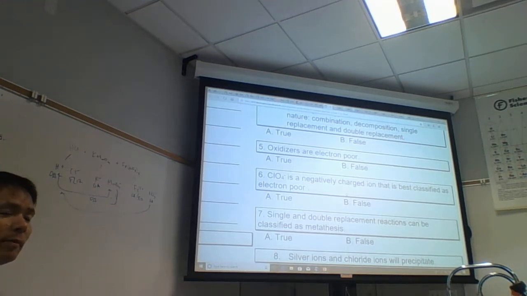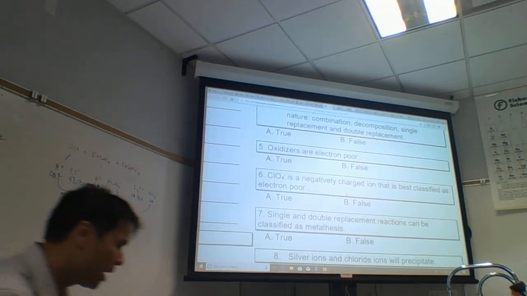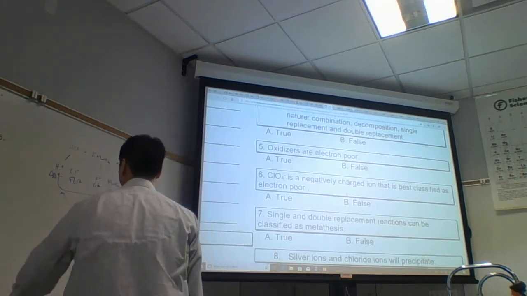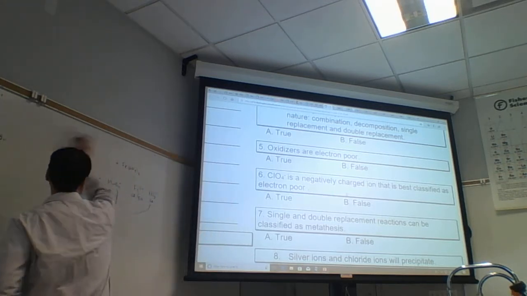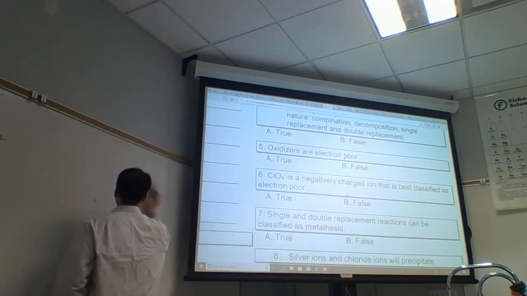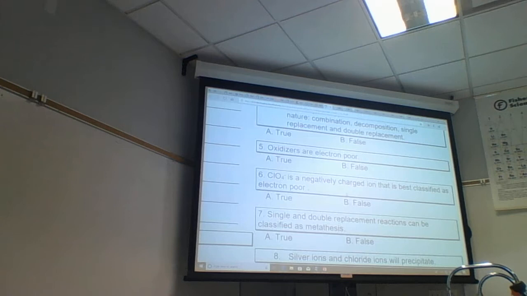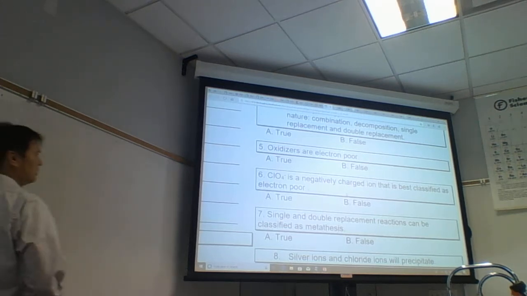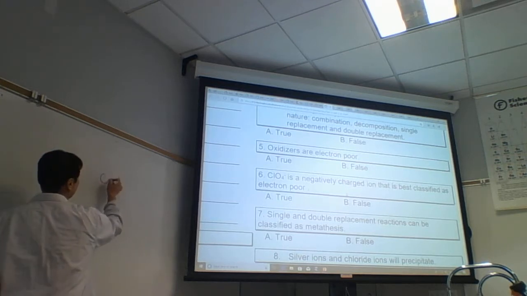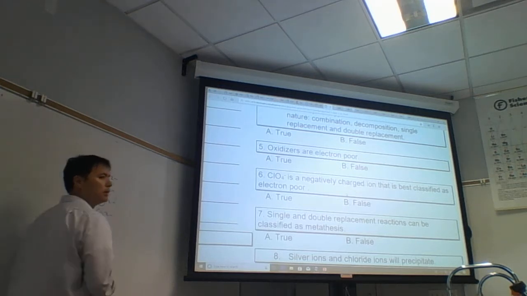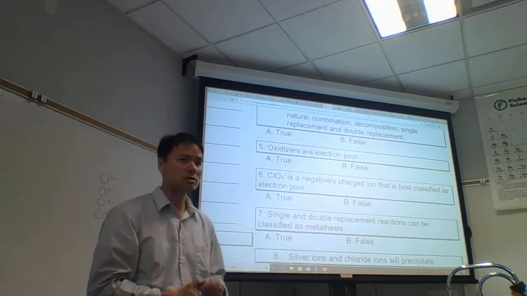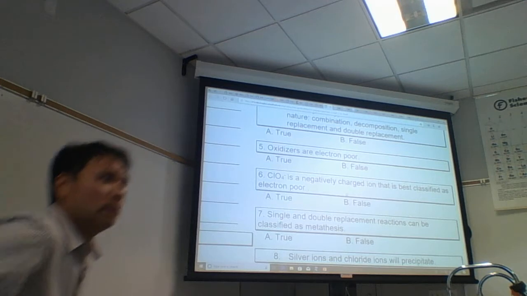In one sense, remember the happy and unhappy talk? Isn't perchlorate unhappy, therefore it is electron rich? Perchlorate's very unhappy, but not everybody in perchlorate is unhappy. For example, the oxygens are happy because there are 4 of them, and each oxygen is -2, making it very happy. Oxygen loves to be -2, just like chloride loves to be -1.